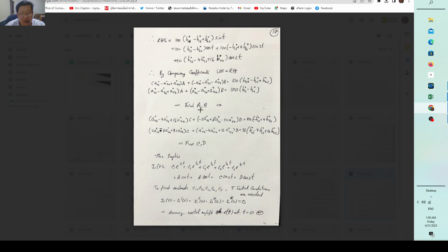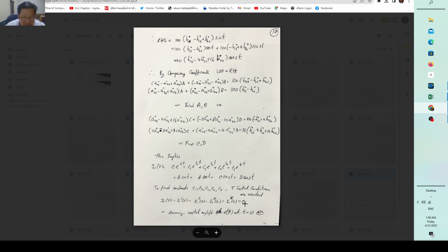Once you know the numerical value of a, b, c, d, now you completed the form of I1t. So I1t becomes c. You remember the c sub 1 up to c sub 5, you still haven't found it yet, but you know the value s sub 1, s sub 2, s sub 3, s sub 4, s sub 5. And now with this, you can find the value of a, b, c, and d.